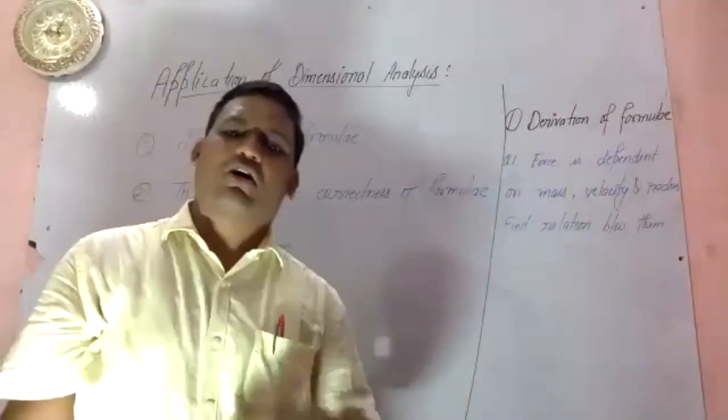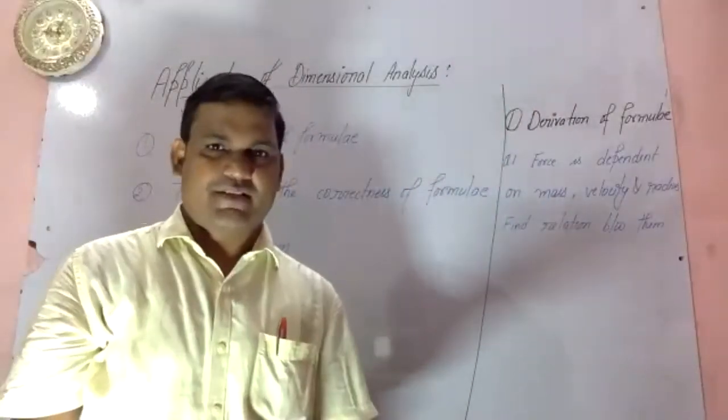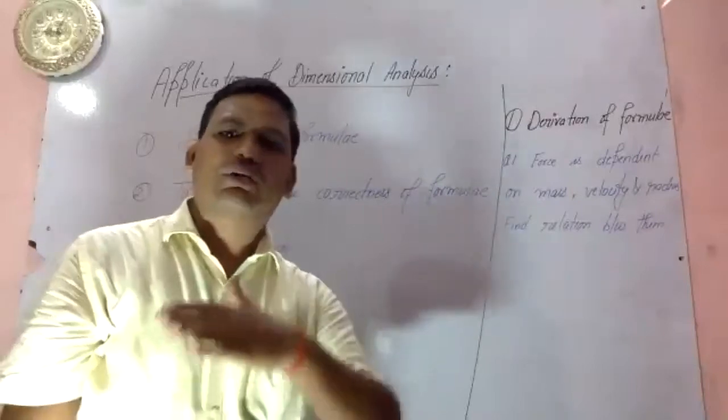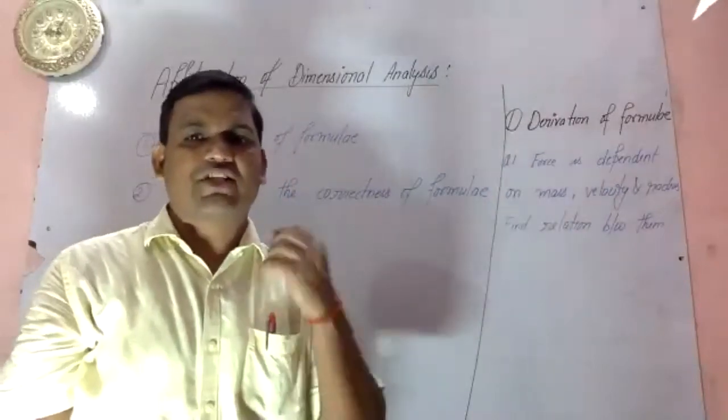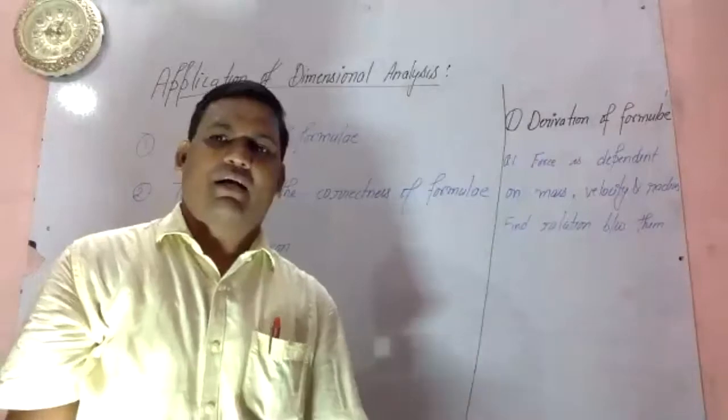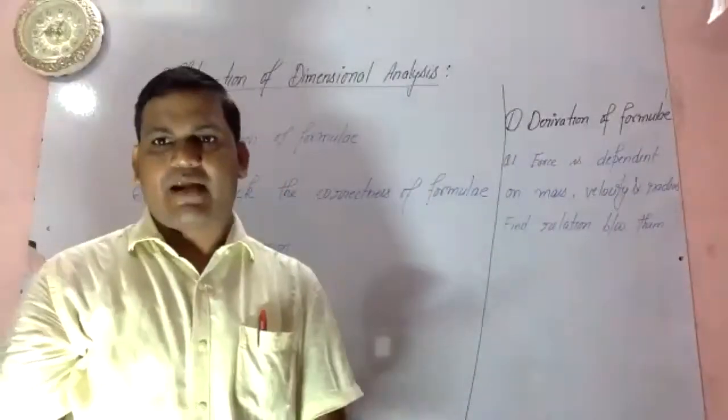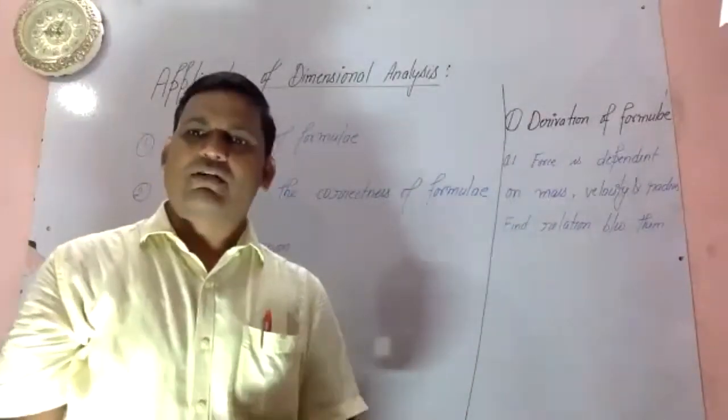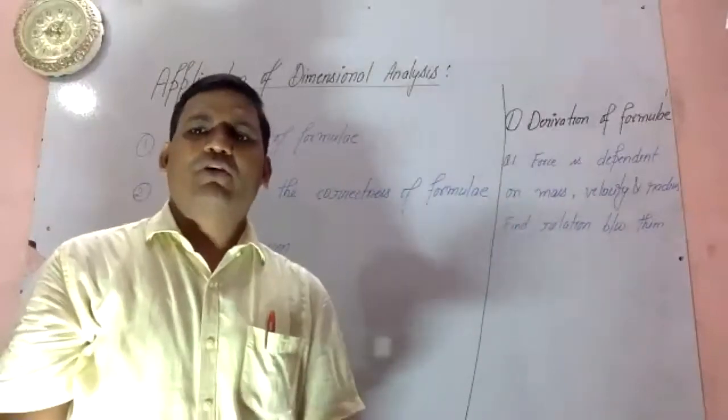So what have you been given? Force is dependent on mass, velocity, and radius. You do not know how these are dependent. They are just saying they are dependent, whether directly proportional, inversely, or square. We don't know.